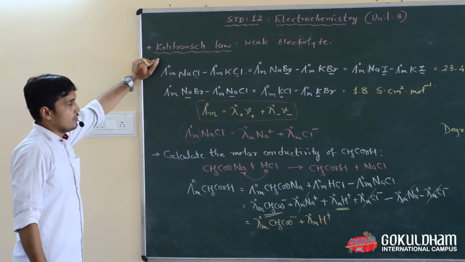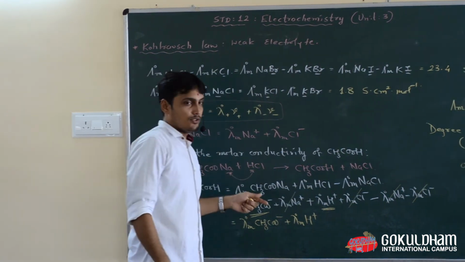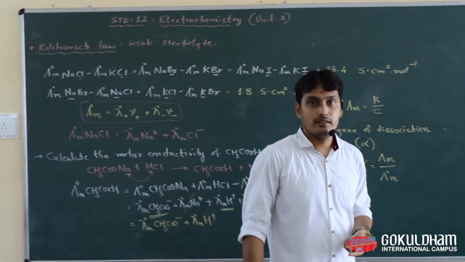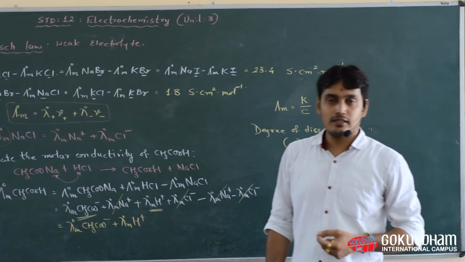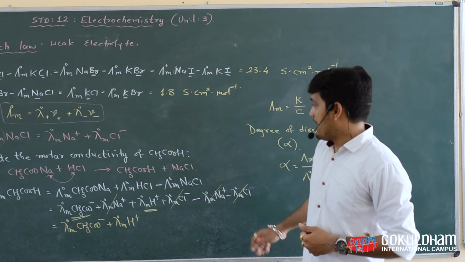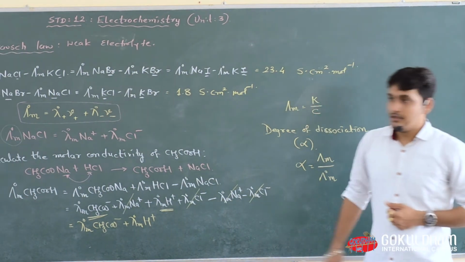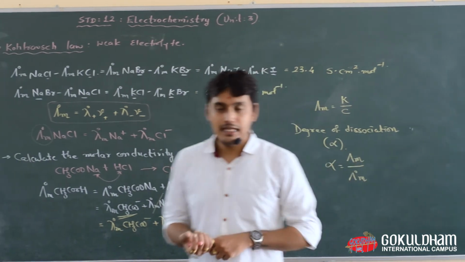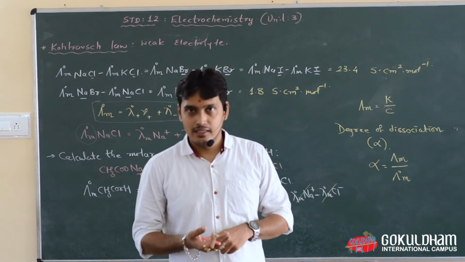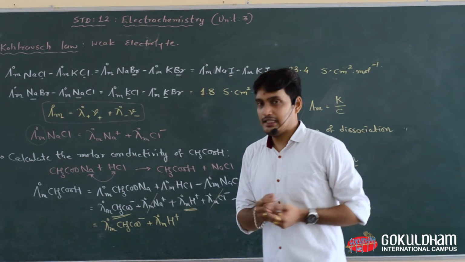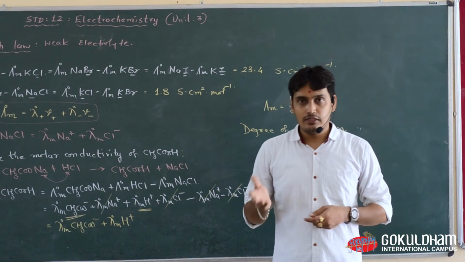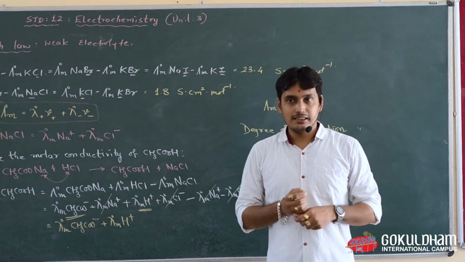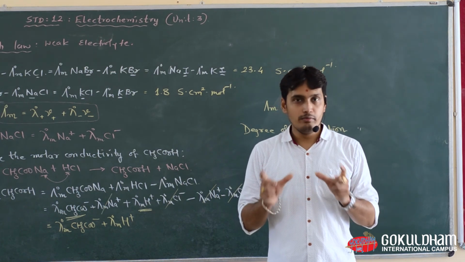This is the last law which is included in electrochemical reactions or the electrochemical cell. After this theory, we will discuss the electrolytic cell and the laws of Faraday. What is the main difference between an electrochemical cell and an electrolytic cell? Electrochemical cell means you have two beakers.